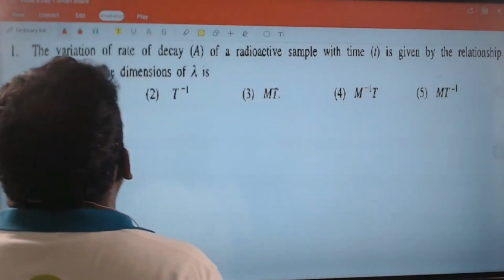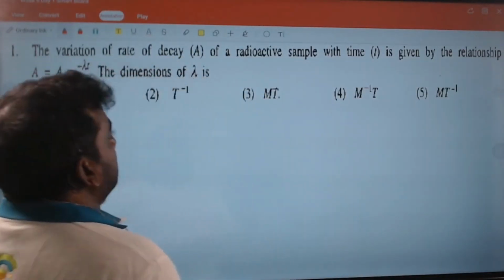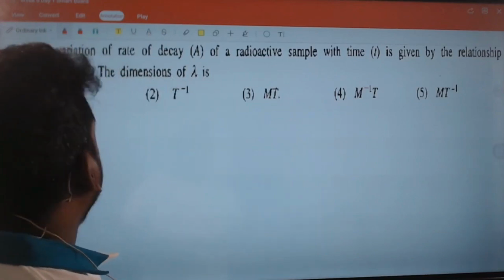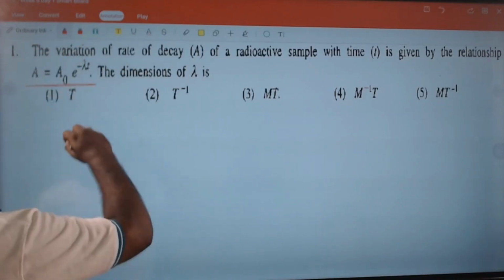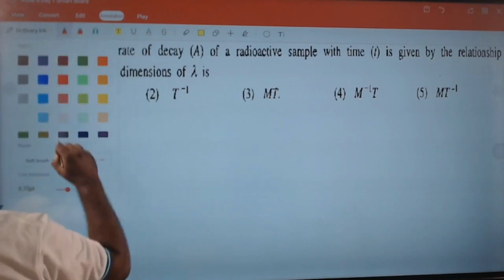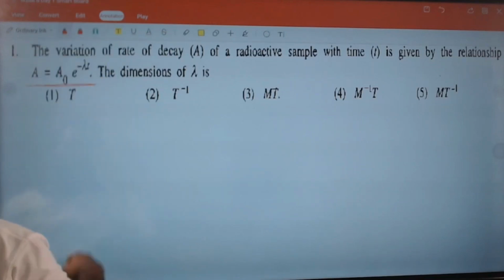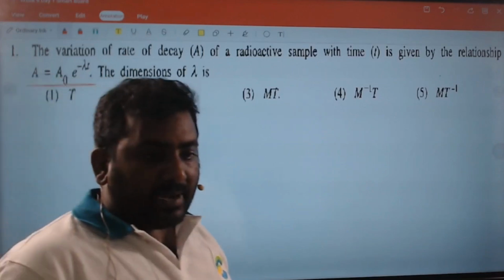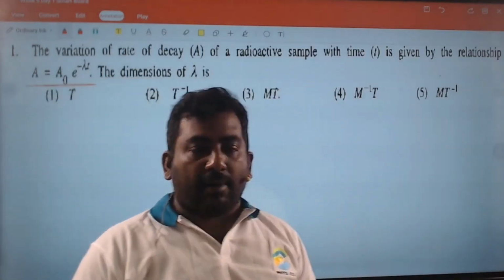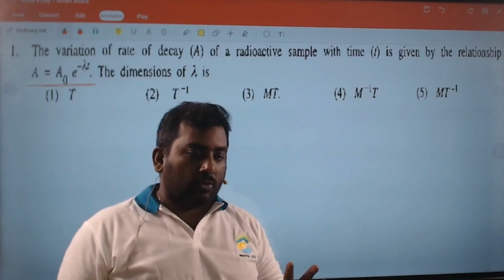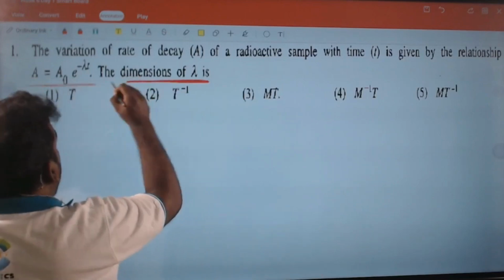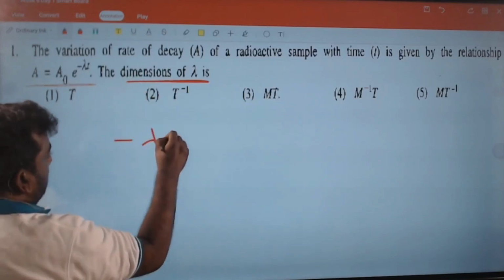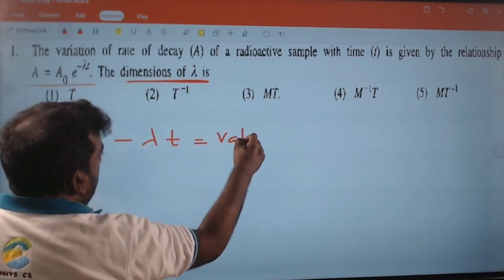The variation of the rate of decay of a radioactive sample with time t is given by the relationship A equals A naught e to the power minus lambda t. They are asking you, what is the dimensions of lambda? So remember, minus lambda t is a value.